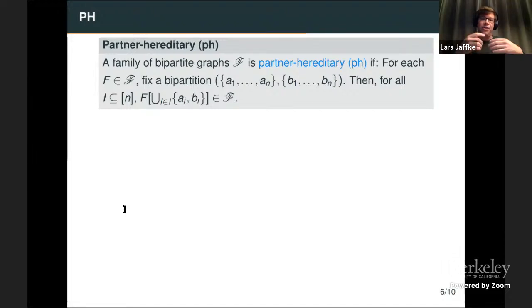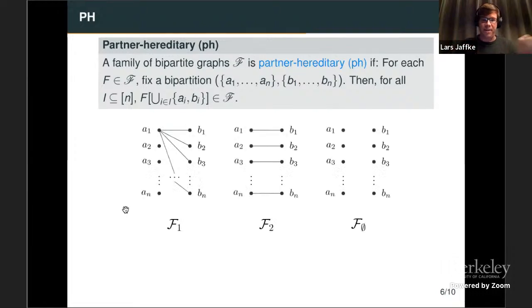And then you require that if you look at any subset of the partners, then this again induces a graph in your family F. So for example, here, family F1 does not have this property, because if we take, for example, everybody except the first pair of partners, then we have an edgeless graph, and this is not a graph that is in this family F1. On the other hand, F2 does have this property because every subset of the partners just gives you a smaller matching, and this is the family of all matchings, and therefore it has this property.